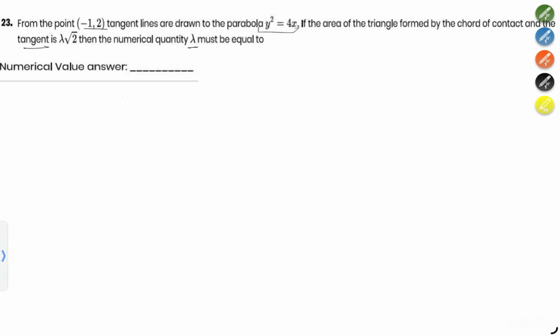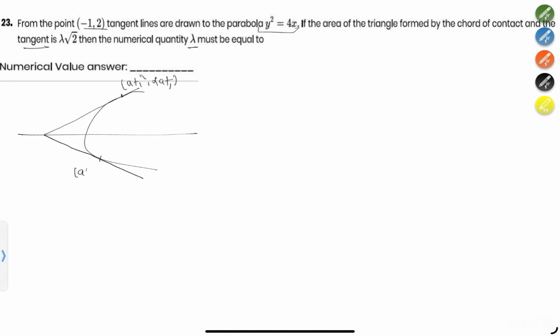First of all, if you have a parabola in this way and you have drawn two tangents from this point, assume the coordinates of the points of contact are (at1², 2at1) and (at2², 2at2).